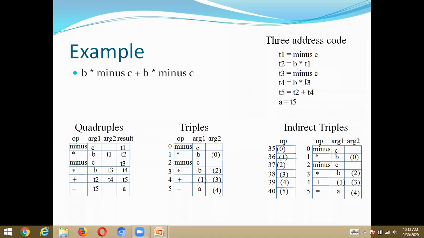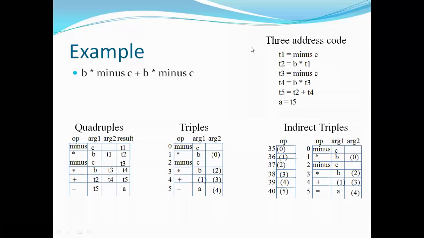And here again minus C, again it is argument 1, that is the left operand, and the resultant is temporary name T3, and minus is an operator, C is argument 1, and in the resultant we are writing temporary T3. And then T4 is equal to B into T3. Again, this is a resultant. In the resultant, you need to write T4. B is argument 1, T3 is argument 2, and star is an operator.